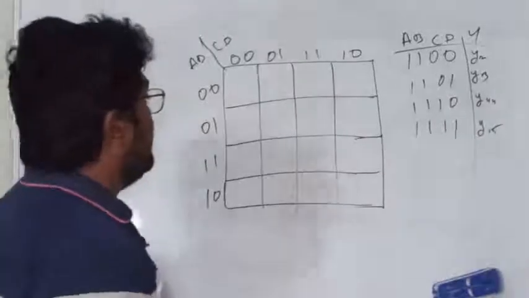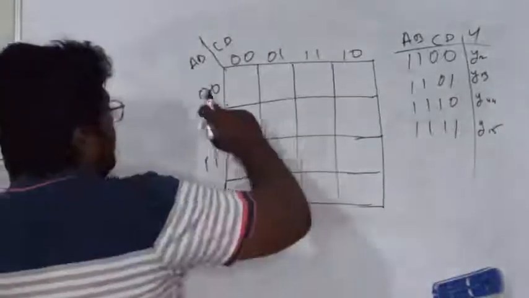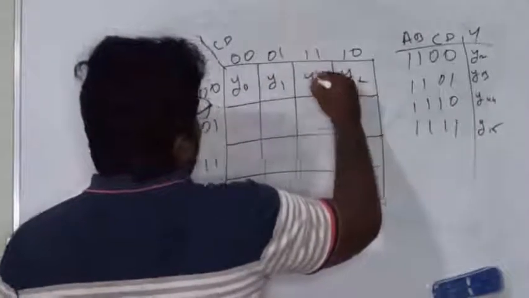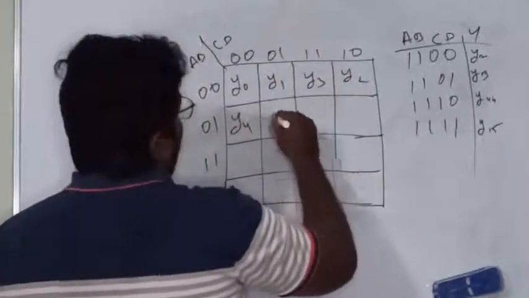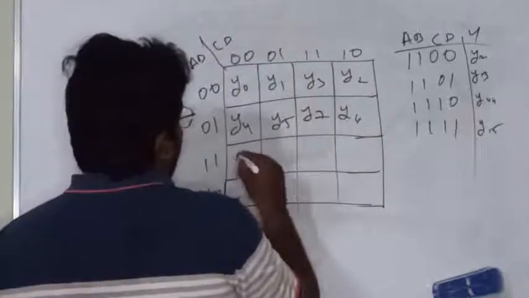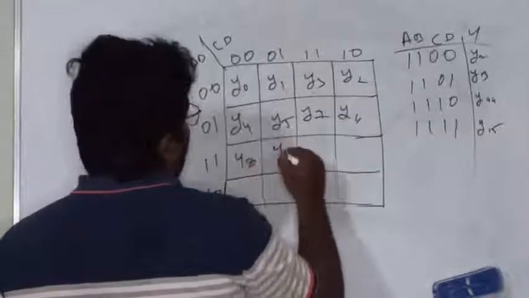As we have seen in the truth table, 0 0 0 1 is y0, y1, y2, y3, y4, y5, y6, y7, y8.